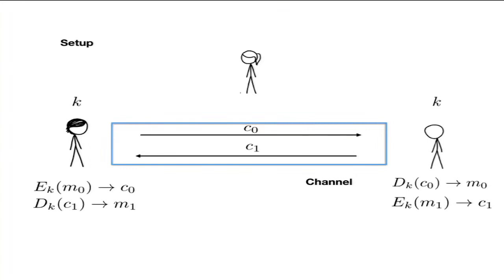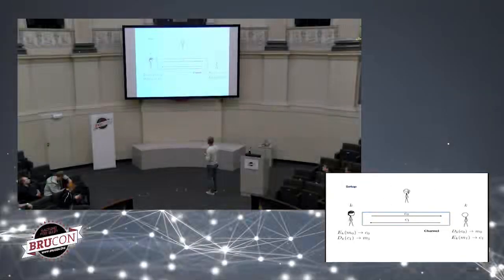Same thing here: Bob can create message M0, use the encryption function to create C1, and send that to Alice, and Alice can decrypt that message. So encryption E using key K of message M0 produces ciphertext C0. That is what this notation means.